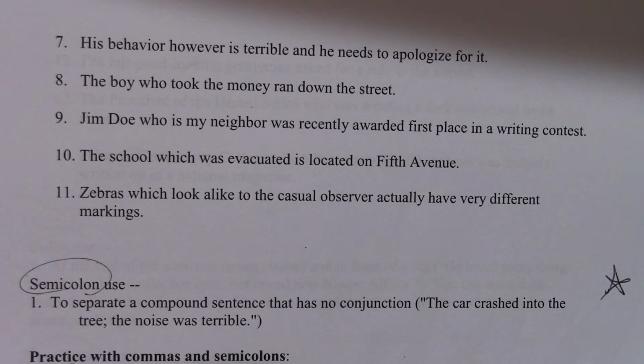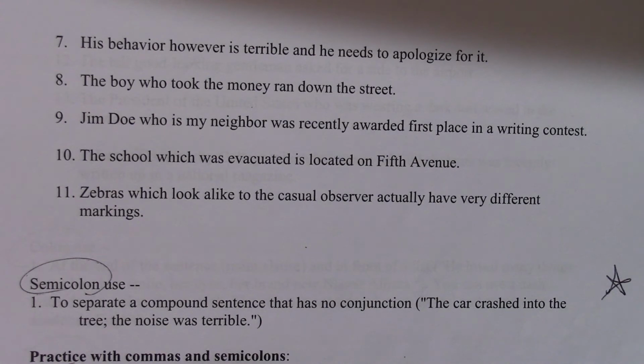So we've got his behavior, comma, however, comma, is terrible. Now here comes the conjunction, and. Do we have a new sentence after the and? He needs to apologize for it. Yes, we do. Has the subject he, has the verb needs, so we need one more comma to separate two sentences. It'll be after the word terrible. So even though it's a fairly short sentence, it has 3 commas because of those rules, not because you feel like it or because it's Tuesday.